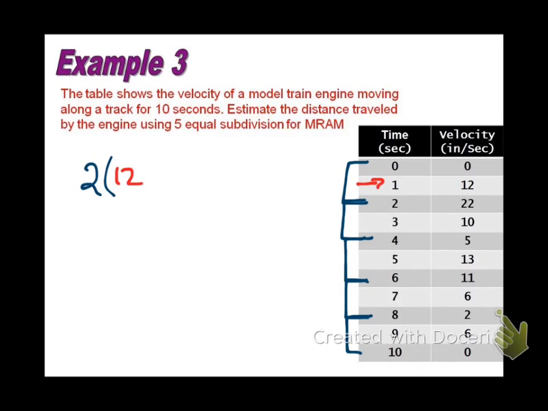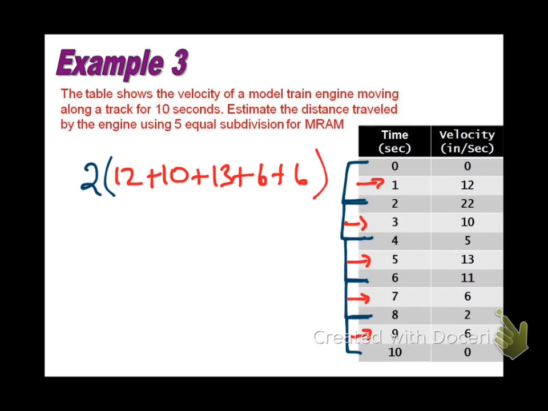My next midpoint in the next rectangle would be the value at 3, or 10. The third one comes from 5, which is 13. 7 is the midpoint of the next region, which is a value of 6. And the last one here comes from 9, which is also at 6. So each base is 2, and then the height at any given point of the midpoints come from the 1, 3, 5, 7, and 9.